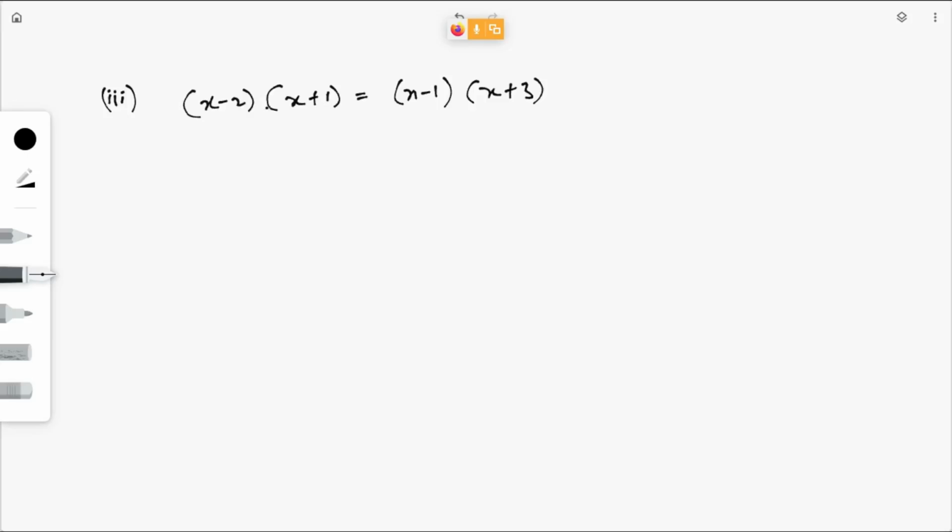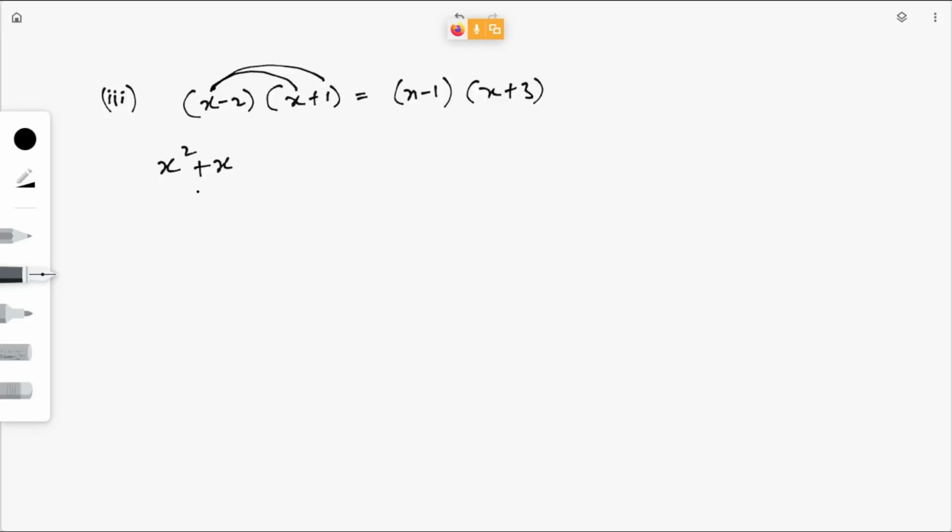If there is no sign in between the brackets, then in such a case you need to multiply these two, right? You need to multiply the terms from the first bracket and then the second bracket. So how to multiply these? First you need to take this x value. You need to multiply x with the first term and then x with the second term. So what will you get? x into x is x square, x into 1 is x.